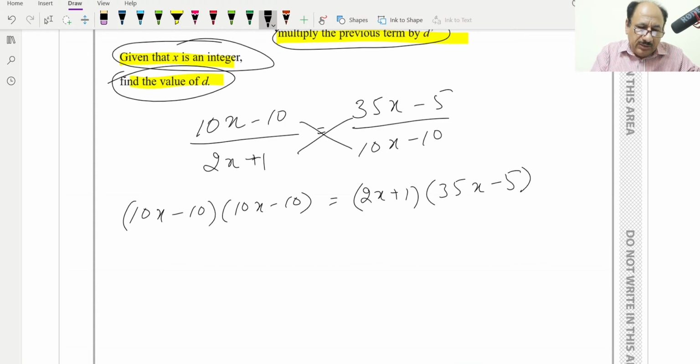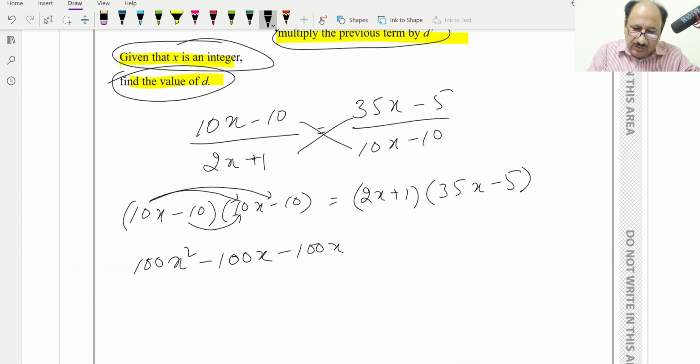Multiplying this with this gives 100x squared, then minus 100x, then minus 100x again, and minus 10 times minus 10 will be plus 100.